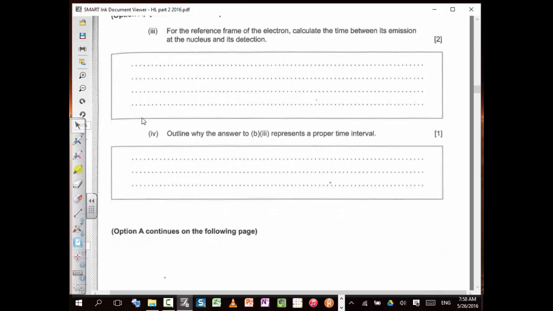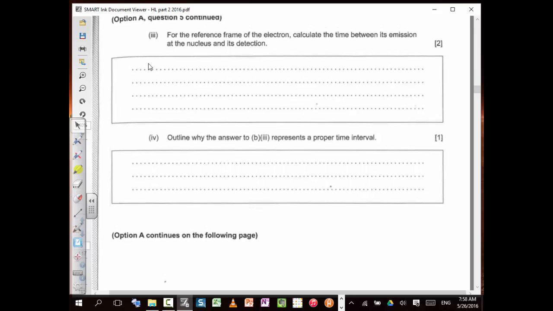For the reference frame of the electron, calculate the time between its emission at the nucleus and its detection. Okay, so for the reference frame of the electron, there are two ways to go about this. One is that we can use the fact that T naught is equal to T over gamma, and because the electron measures the proper time, the electron's going to measure T naught.